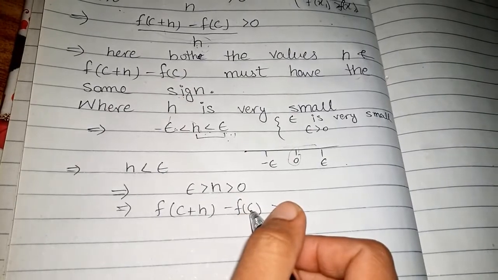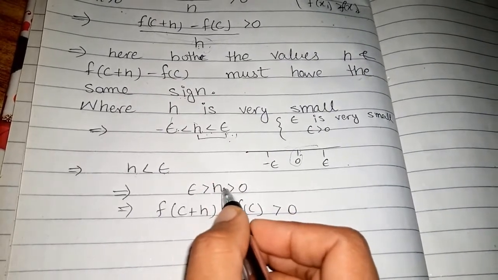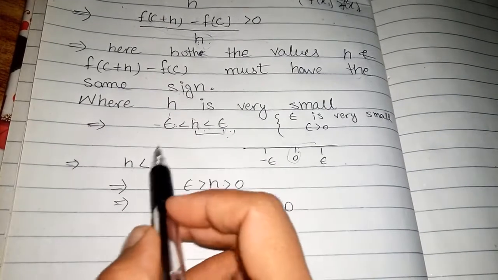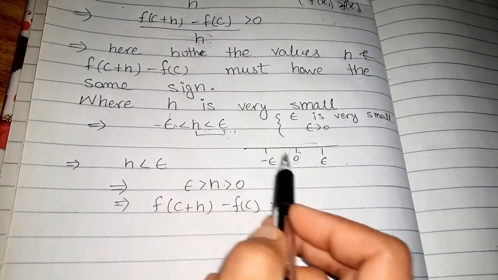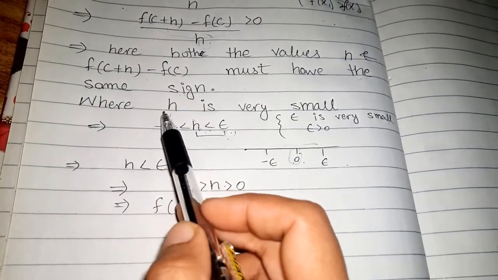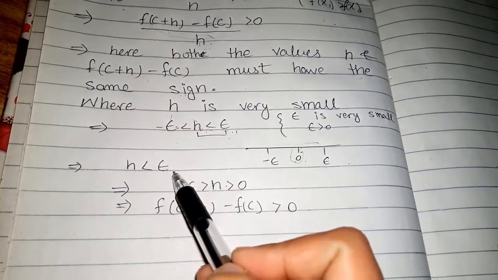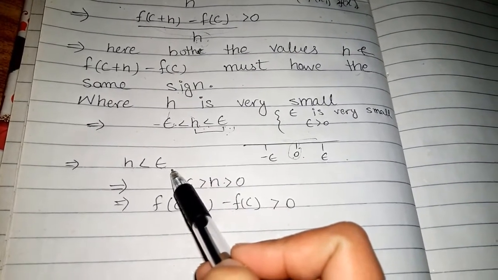If this is greater than 0, then h is some positive value. Yes, h is a positive value, because h may be negative or positive, but in this case, when we take h less than epsilon, it must be positive.